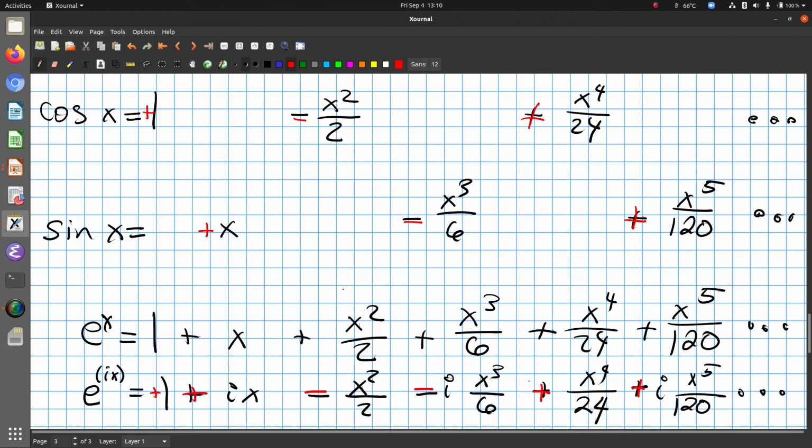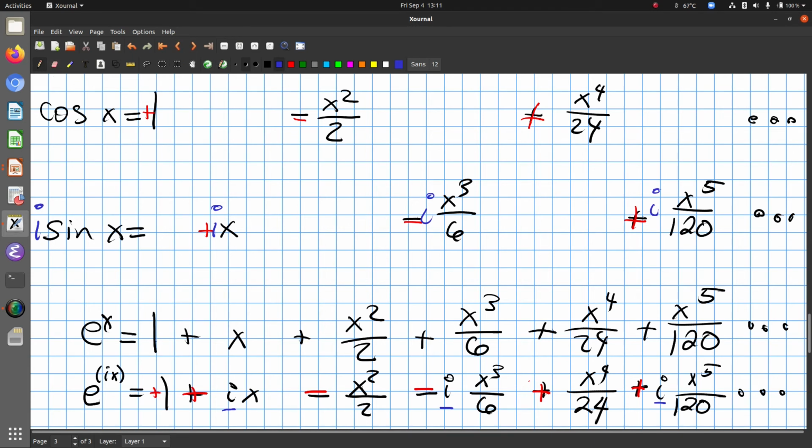Now, the only problem here is that we've got an extra i floating around occasionally. This one here, and this one here. You will notice they only show up on the sine terms. So if I go through it, say, i times sine of x, I'd get an ix, and a minus ix cubed, and a plus ix to the 5th. Now they actually match up exactly.